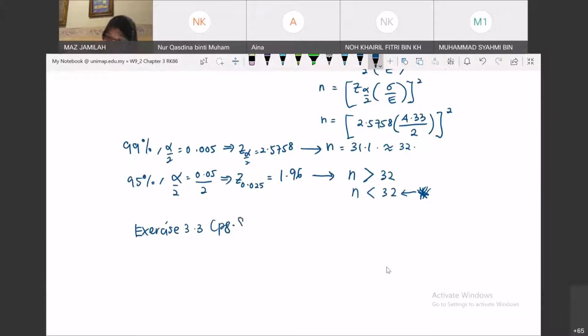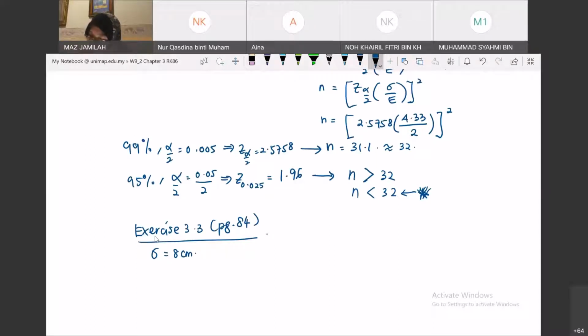Let's say I choose question number 1. The diameter of 2 years harum manis tree is normally distributed with standard deviation of 8 cm. So sigma is 8 cm.